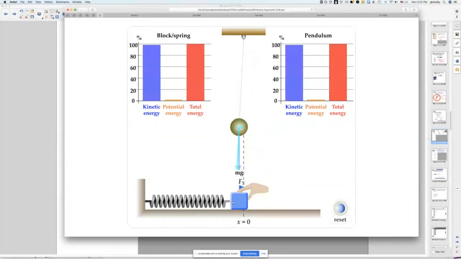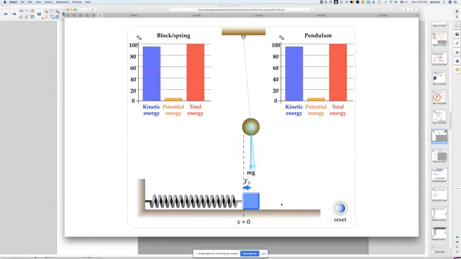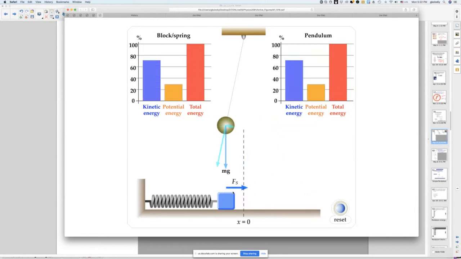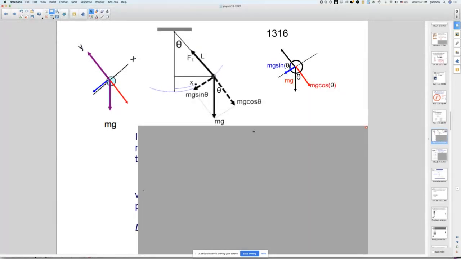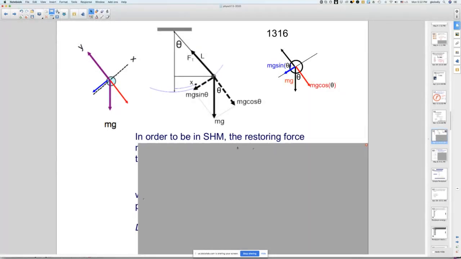It's a force that's varying, just as this one is varying. So in simple harmonic motion, there is a restoring force, a force that always brings it back to equilibrium. And that's this force here, equilibrium being right in the bottom here. It's trying to bring back the object, the ball, the mass, to the bottom.